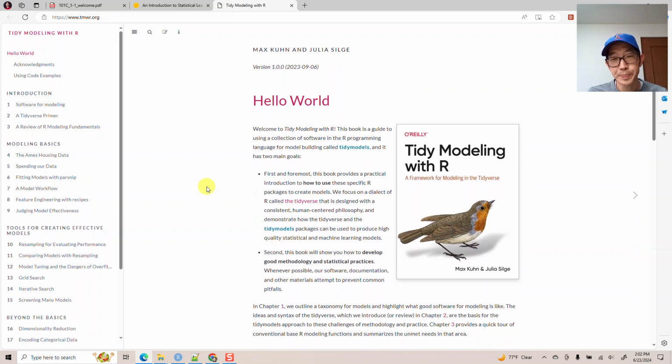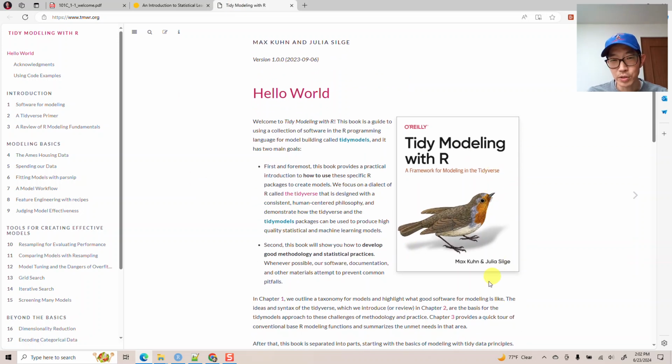Tidy Modeling with R is going to help us work through kind of a system called tidy models. So this is like an extension of the tidyverse. So in R, you have the tidyverse kind of created by Hadley Wickham, and author of dplyr and ggplot and tidyr and tibble and all of these kinds of things, and Tidy Models works with the Tidyverse and sets up the kind of a framework for doing statistical modeling.